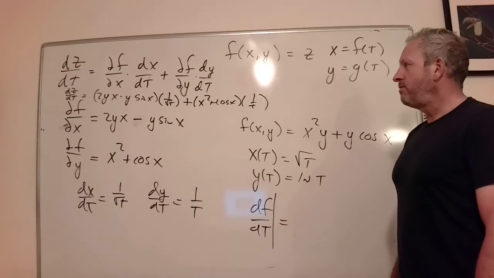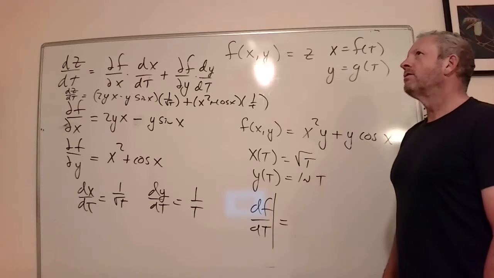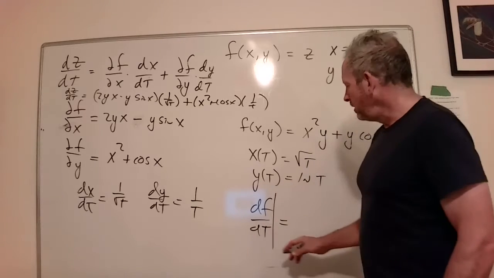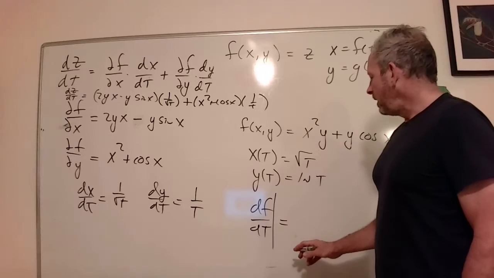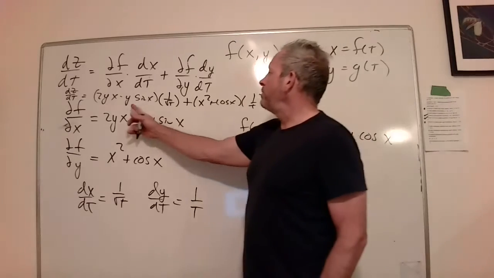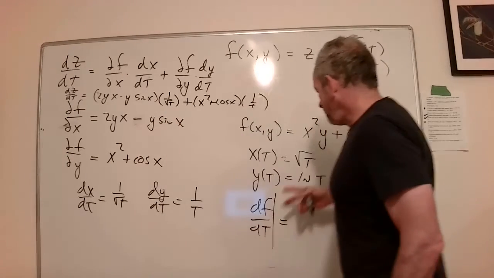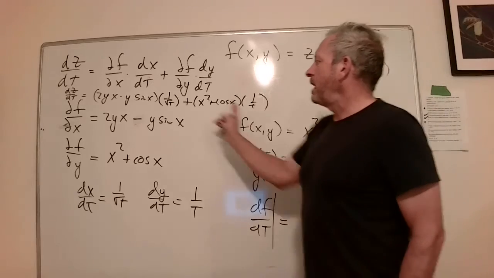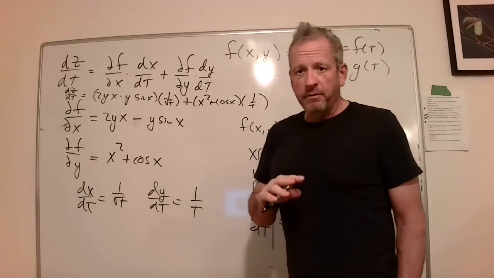That would be nice. In fact, can I guarantee to you that I will do it that way on the test? I can't guarantee because I don't know what I'll be thinking when I make up the test. But at this point right here, you either want to substitute these two functions in for x and y here, then you'll have everything as a function of t.